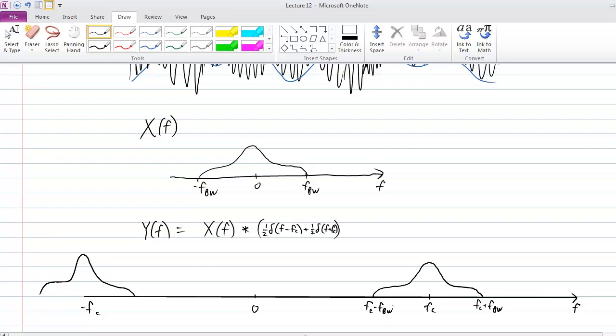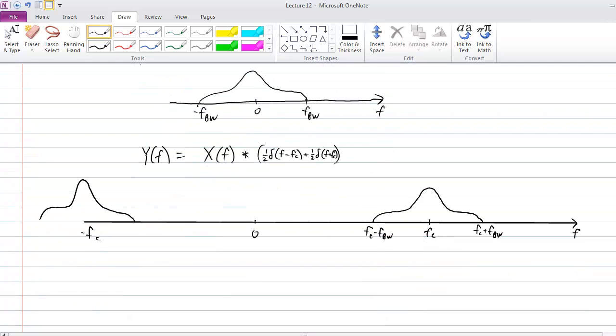So what you're really looking at, if x of t is audio, then f bandwidth is less than 20 kilohertz.